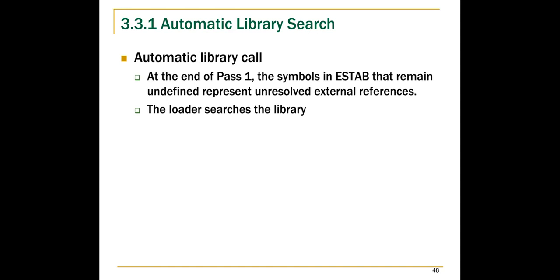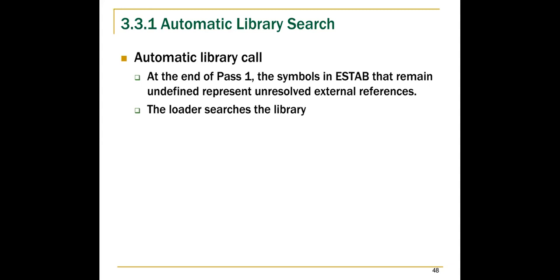So it searches in the library for a particular subroutine or function, whatever you have defined with a particular name, which is not defined in your main program. These symbols are present, and we call them external symbols, and their references or addresses are not resolved.